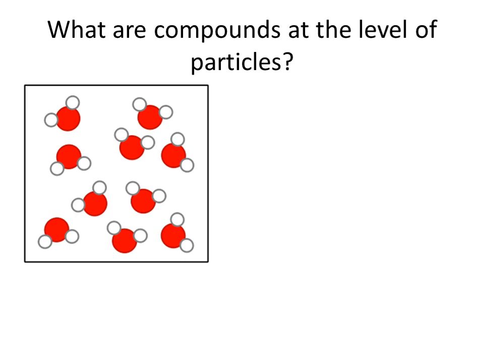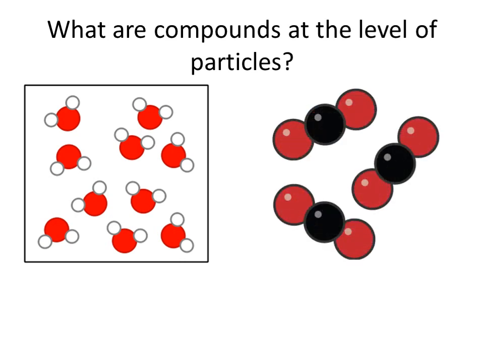So are they alike? No. Each particle is made up of two kinds of atoms. Since it is not made up of one kind of atom, it's not an element, it's a compound. It has different kinds of atoms. Let's take the other one. This is another compound. It's made up of particles.